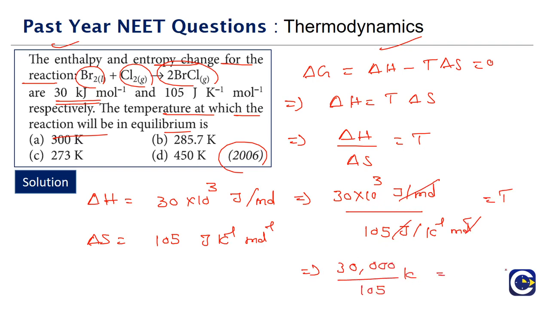If we simplify it, it comes close to 285.7 Kelvin. It's a straight question. The only thing is we just have to complete this calculation part. Basically we are putting the condition of del G equal to 0 for the equilibrium.